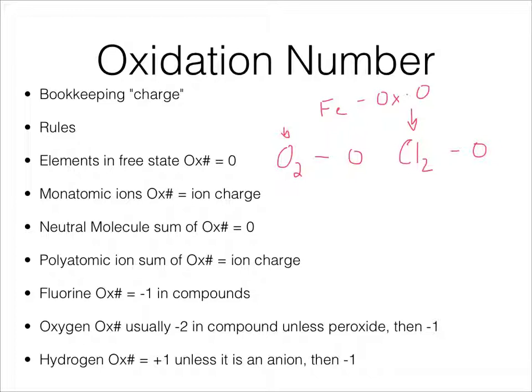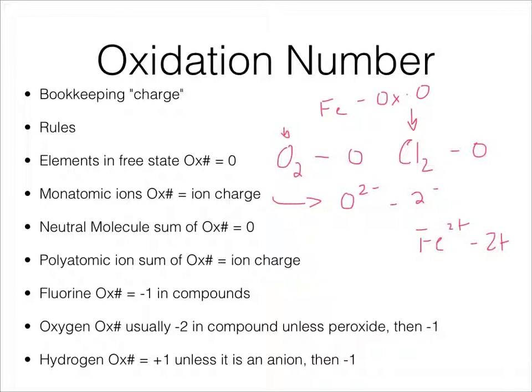If you have a monatomic ion, it is going to equal the ion charge. So, let's take a look at what if we had the O2- ion. That means its oxidation state is 2 minus. Or if we had the Fe2+ ion, its oxidation state would be 2 plus.